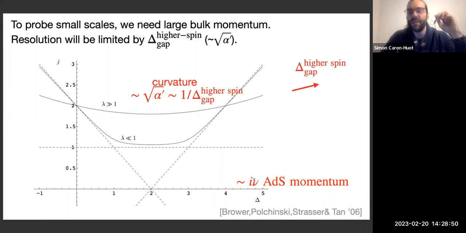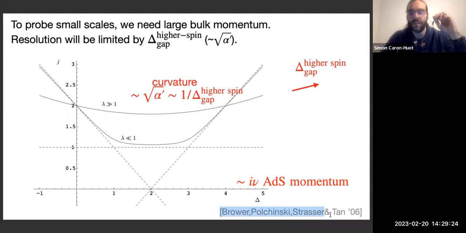The horizontal axis is like the momentum in AdS. So if you want access to large momentum, you need a very flat trajectory. Otherwise, modes with different momentum will acquire very different energy dependence and will decohere from each other. So in order to coherently superpose modes of all sorts of momentum, you need a very flat Regge trajectory, which means that the first higher spin state needs to be very heavy.